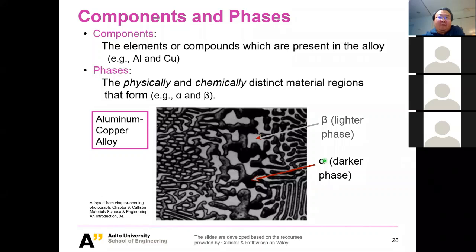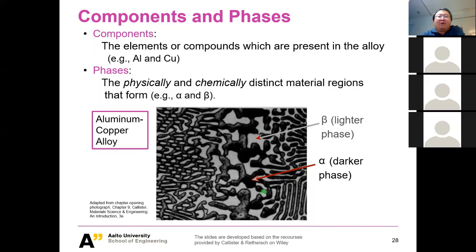With that, I think you can understand that when we mix copper and nickel, or copper and aluminum, you will get, even visually, one light and one dark region. So these are clearly two phases.